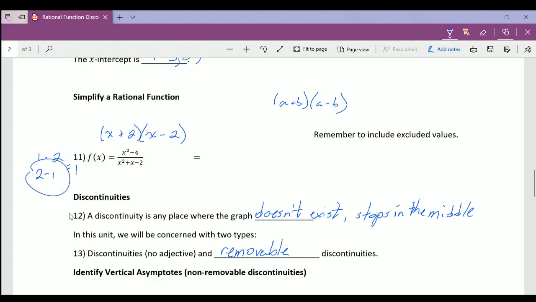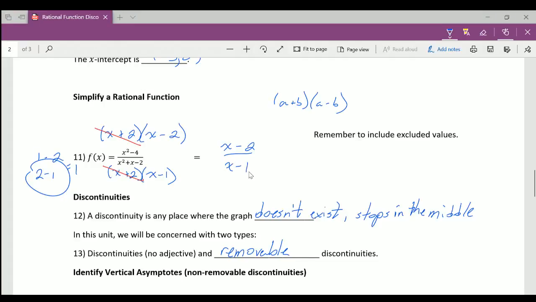And that's this right here, 2 minus 1. So 2 will be positive, and it'll be an x minus 1. And now we can go ahead and cross out the common factors for the top and the bottom. You'll be left with the new x minus 2 over x minus 1.